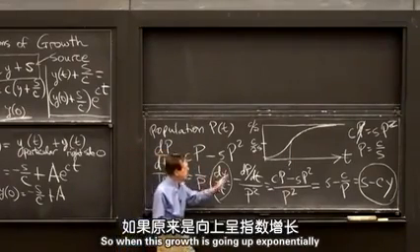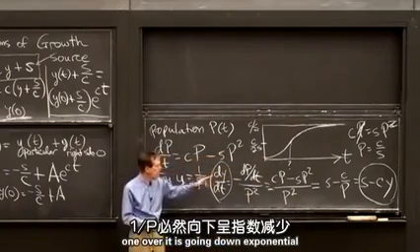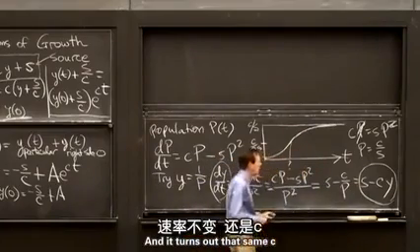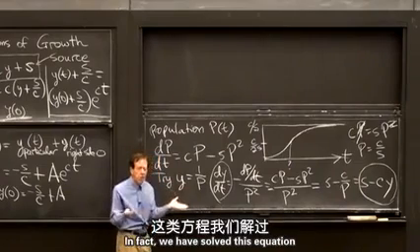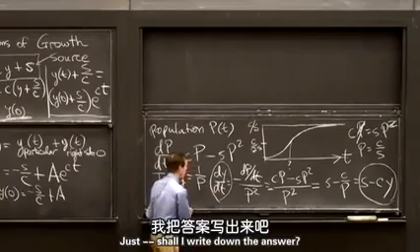So when this growth is going up exponentially, 1 over it is going down exponentially, and it turns out the same c. Okay. In other words, we can solve this equation. In fact, we have solved this equation. Shall I write down the answer?